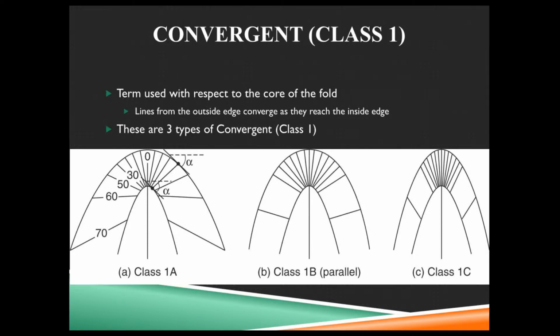If you take a big chunk of Play-Doh and you hold it in your hands and you bend it, the outside of that arc is stretching, so the lines are spreading apart. The inside of it is getting squished, the lines are getting closer together. It's kind of a classic fold type.